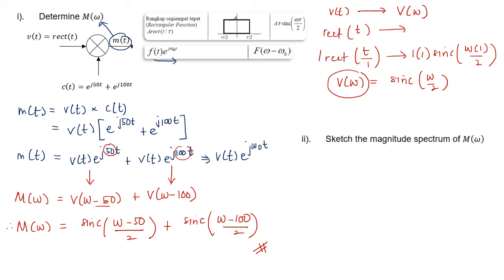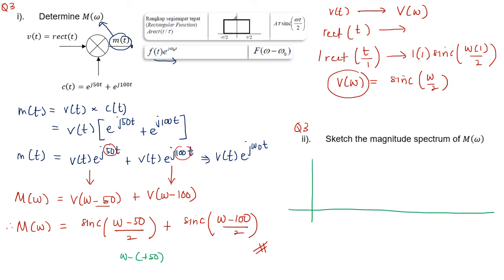Next, this is question 3 part 1, and this one is question 3 part 2. Sketch the magnitude spectrum of M(omega). So you have the M(omega) in sinc function shape, with the signal shifted to the right by 50, so it is omega minus positive 50.